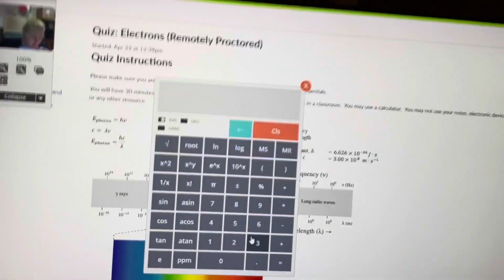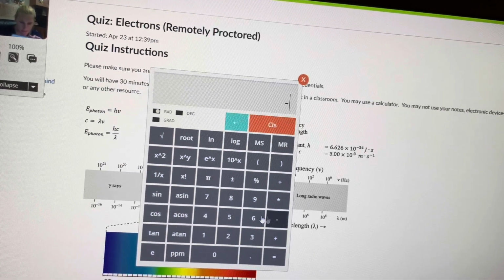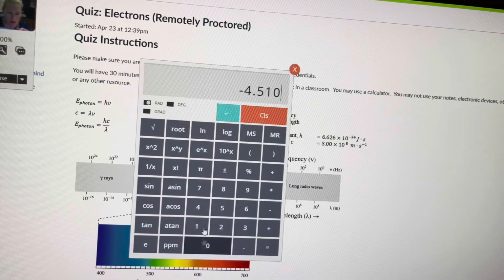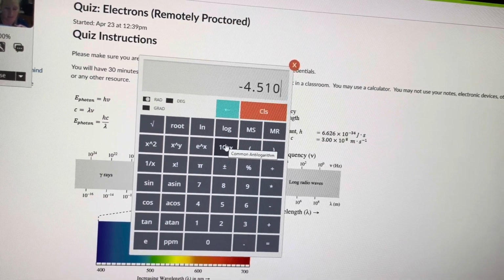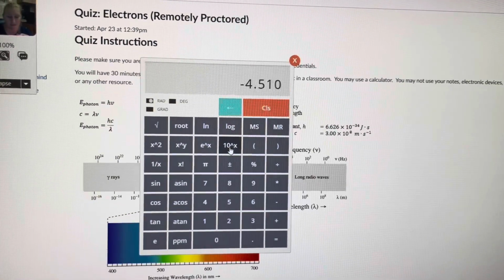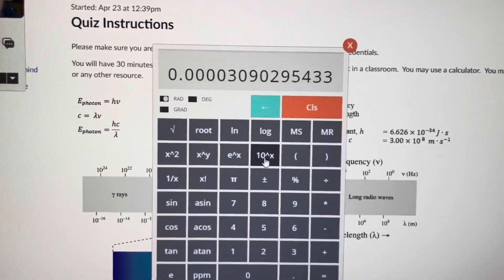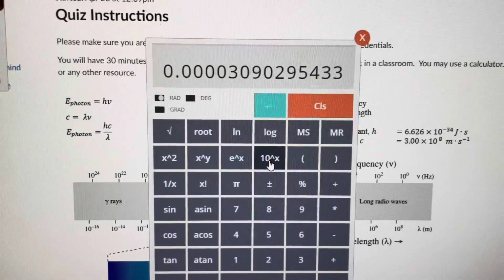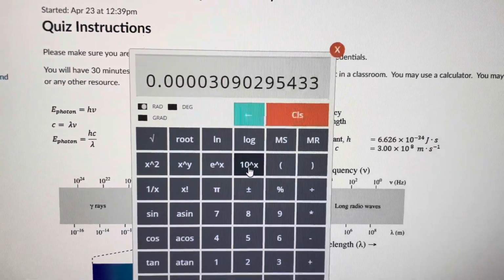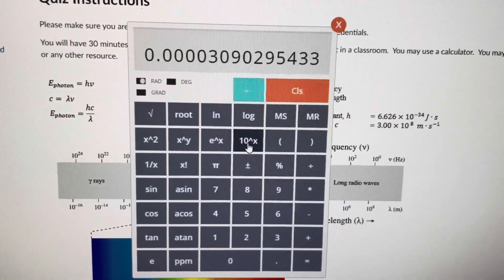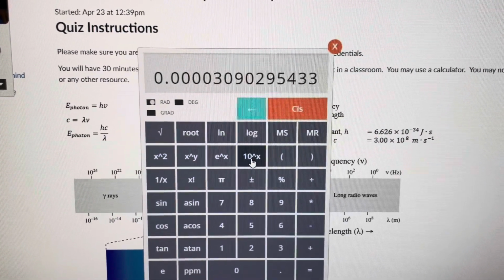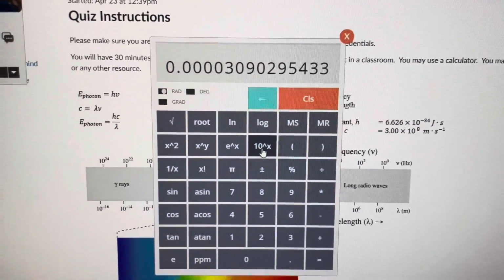Well, I put negative 4.510, and then I click this button, and it's going to take 10 to the negative 4.510. And we get 0.00000309. If I put that into scientific notation, I get 3.09 times 10 to the negative 5, which is my concentration of hydrogen. If you need a repeat on that, just go back and rewatch it.